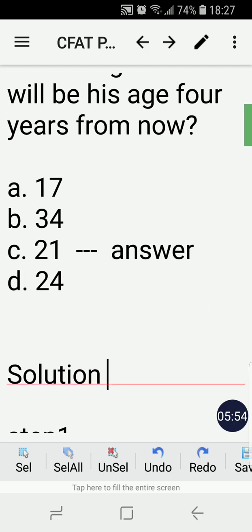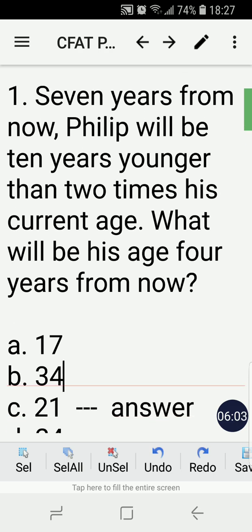which is letter C. I guess the hardest part is interpreting the given problem and expressing it in simple expressions to come up with the equation.